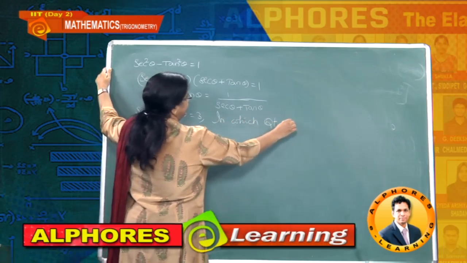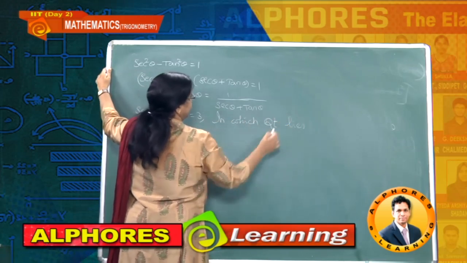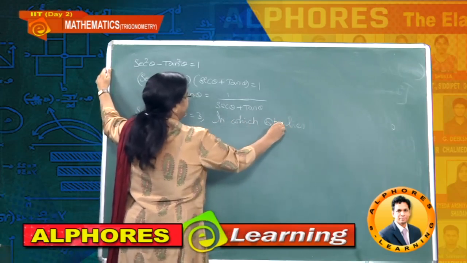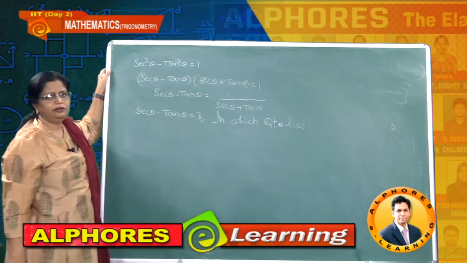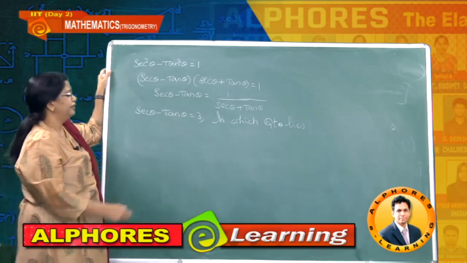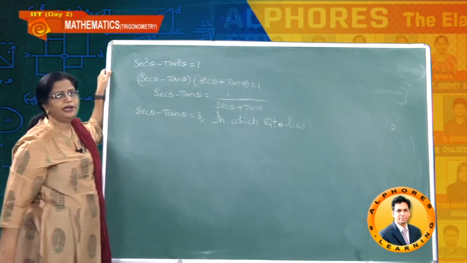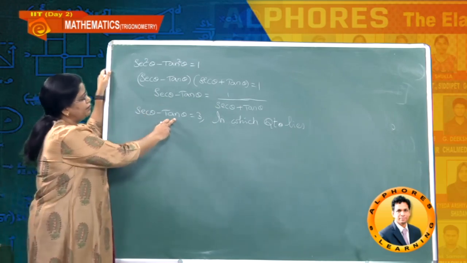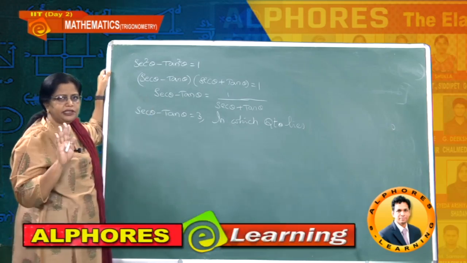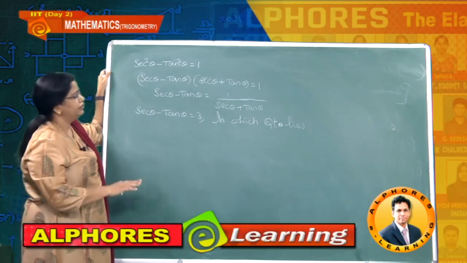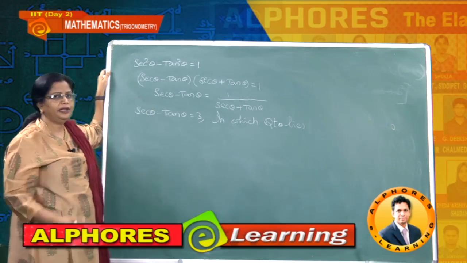Is it the first quadrant, second quadrant or third quadrant? Then you don't know anything. You have only one equation in hand, secant theta minus tan theta equal to 3. That is the only weapon you have. Then how do we solve in which quadrant theta lies?